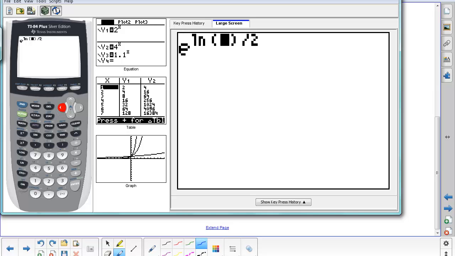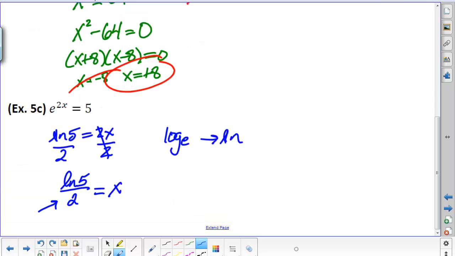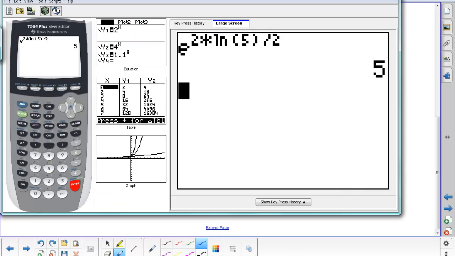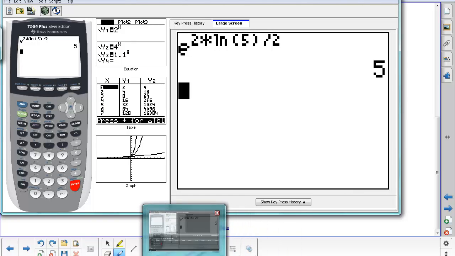We actually need to multiply that by 2. Let me back up one more time. So e raised to the 2 times x power, and we get a 5. Hey, that checks out, right? Should equal 5. So you can check these on the calculator. It's a little tricky to make sure you get it typed in right, but it can be done.